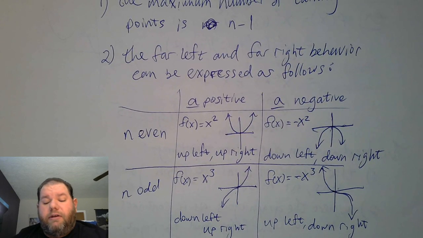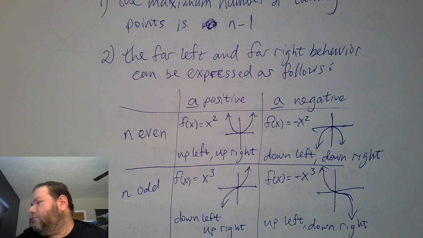If we have an even degree and a negative coefficient, which outcome do we end up with? Up or down, left or right? Down, which directions?